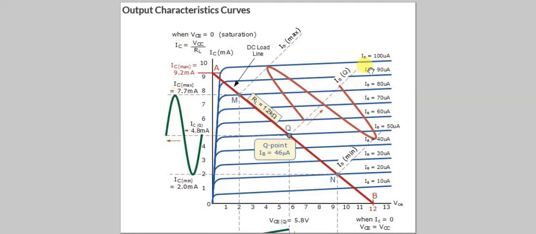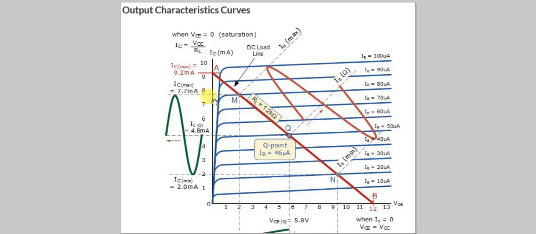If you remember, we discussed that, and for the newcomers who are studying this topic, we have three regions in the output characteristics curve. One is called the saturation region, the first one. Then there is the cutoff region, which is near zero.